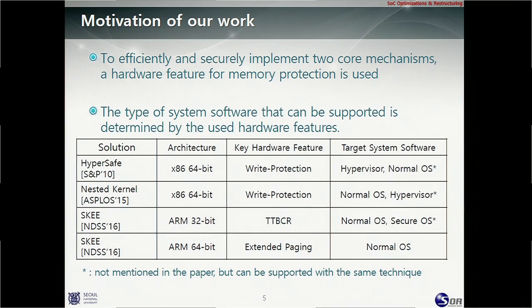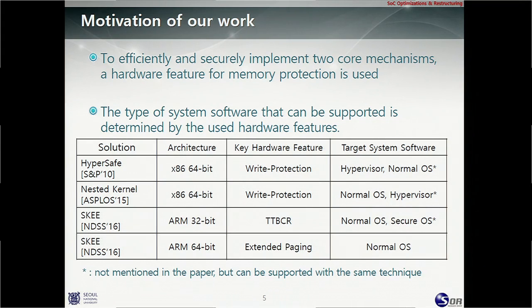As described in the table, various hardware features have been used in the previous works. But the fact we want to focus on in this paper is that the types of system software the previous work can support is determined by the hardware feature used.